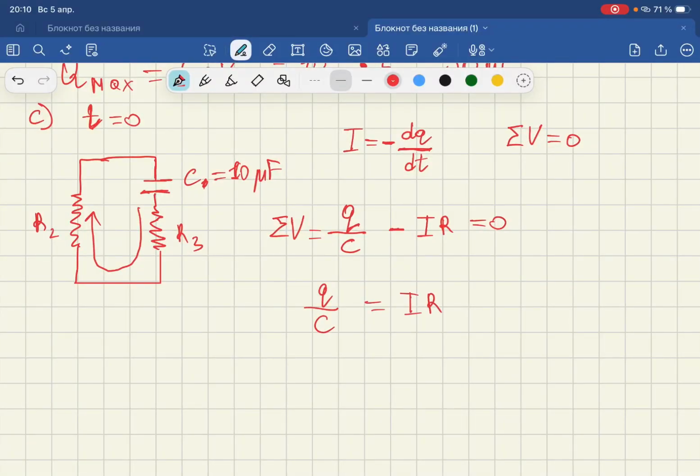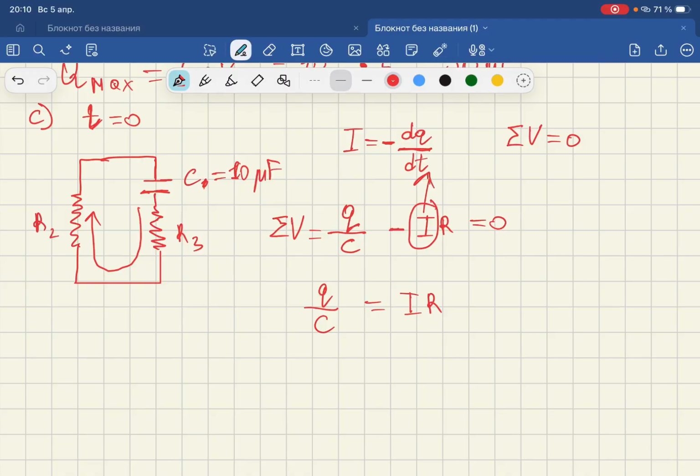We know that we define the current by that formula, which is minus dQ divided by dt. Why do we take that formula? Because, as I said, after a few moments the current will decrease due to the resistor.